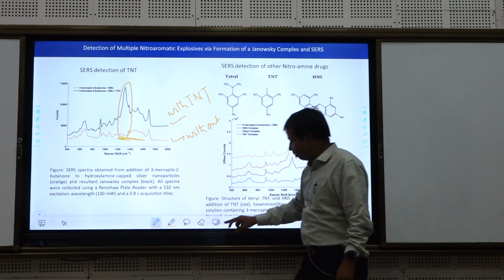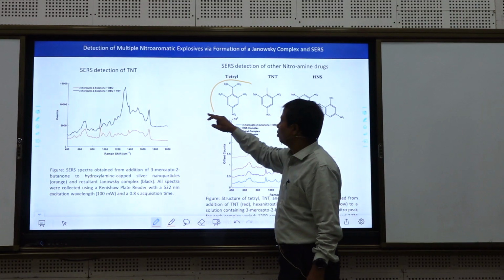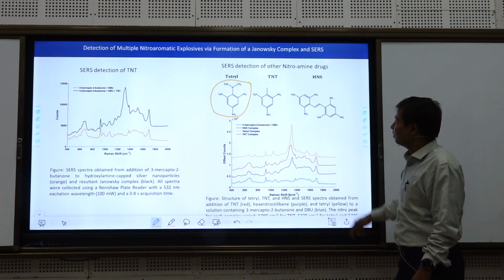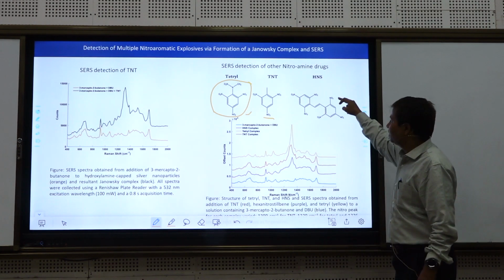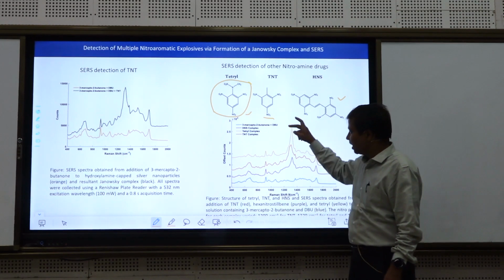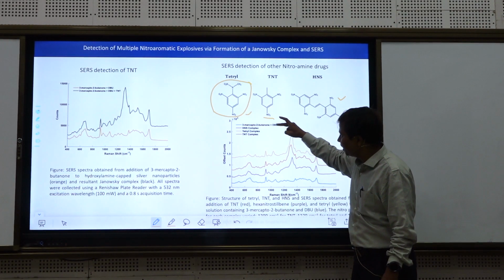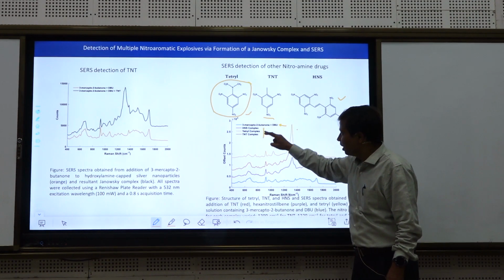So this is another molecule. Earlier was the toluene, and this is the amine group. So this is the one we have detected. This is another molecule. And for every case, if you look at this reference one, here there is no explosive, and these three are explosive.